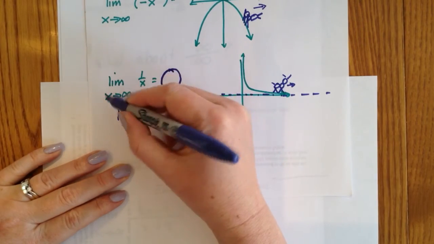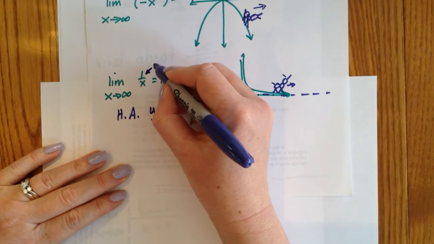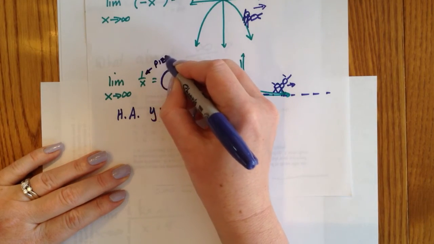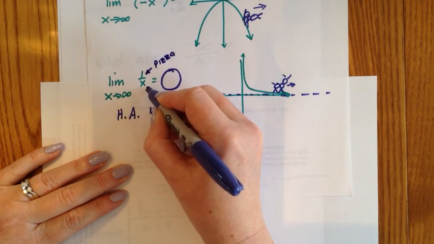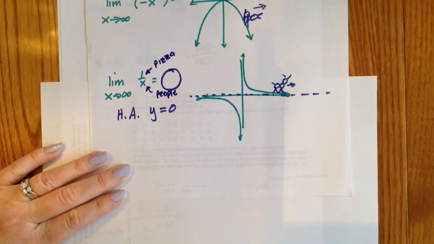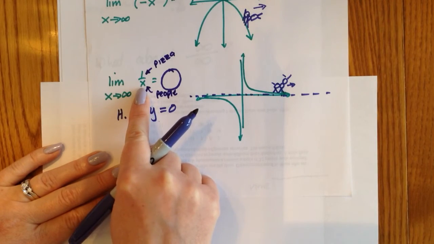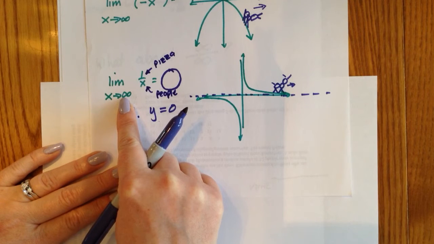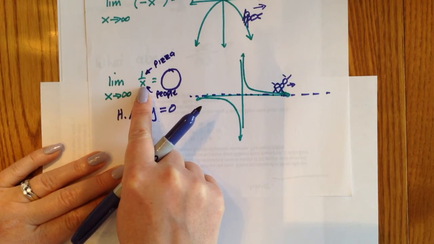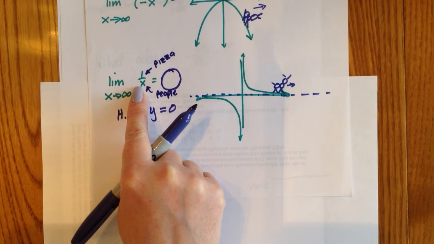We said that we could think of this as an analogy where the numerator is the number of pizzas and the denominator is the number of people. And the answer is how much pizza do you get? So you had one pizza, but you invited over everybody on the planet. Well, how much do you get if you have to cut up one pizza with everybody on the planet getting some?